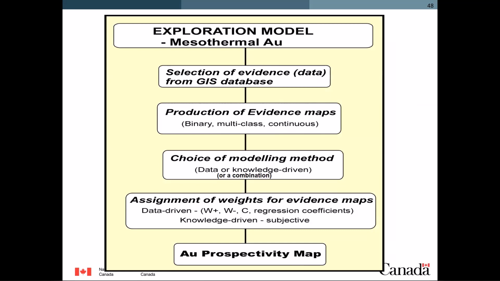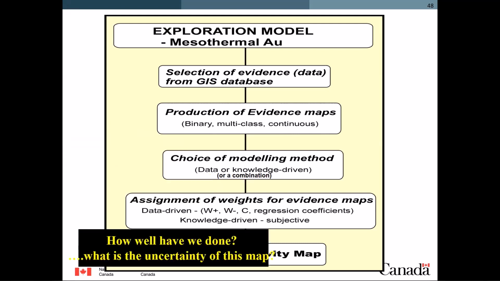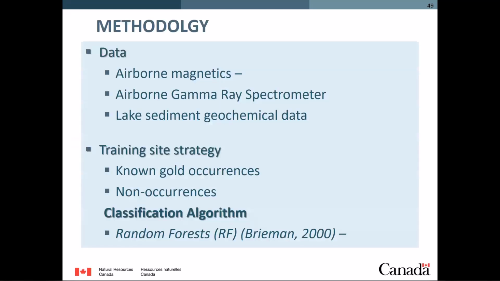And they can be in various formats, binary, multi-class, continuous, a lot of papers on studying which works better. The choice of modeling method, well, I'm using random forest, and we've had a brief introduction to that. And then random forest actually assigns the weights. And then we come up with a prospectivity map. And of course, we want to see how well we've done. And I'll show you an example in a minute.